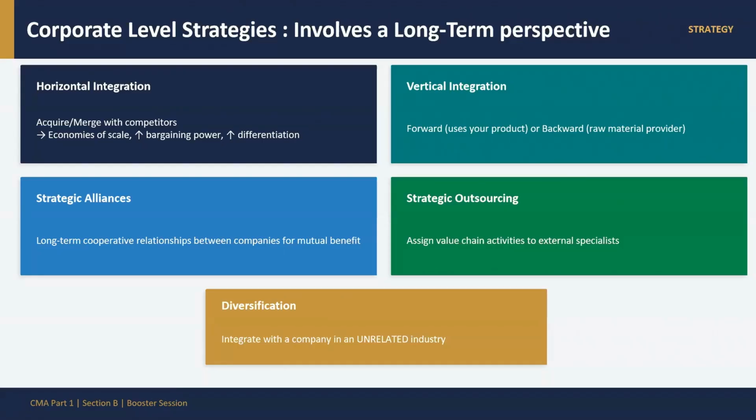Strategic alliance means long-term cooperative relationships between companies for mutual benefit. That means two companies will simply enter into cooperative relationships. They both may belong to different industries or different companies altogether, but they will come together for good cooperative relationships and for a mutual benefit.